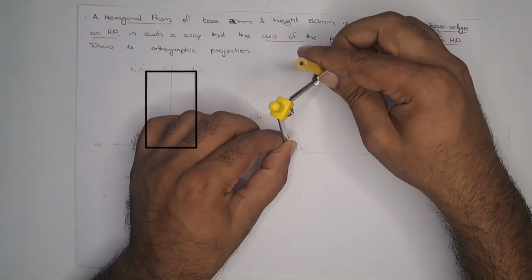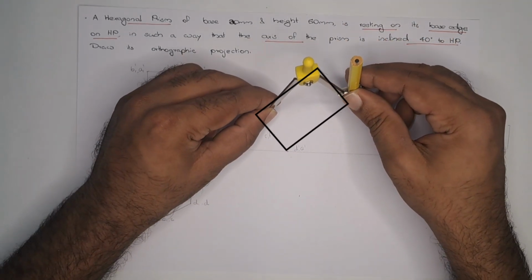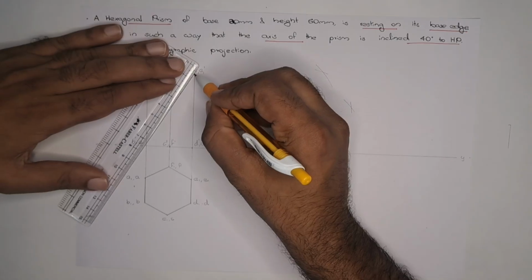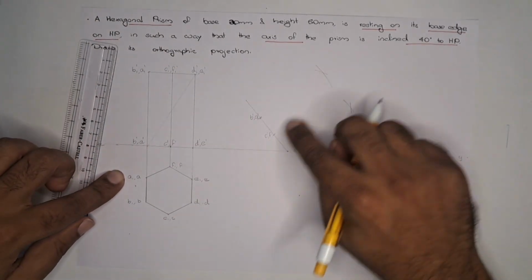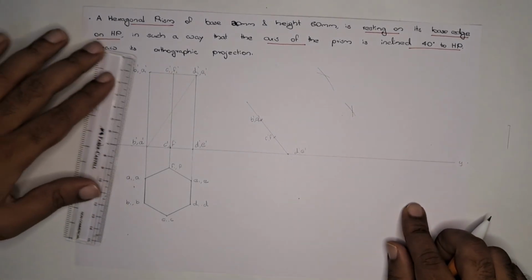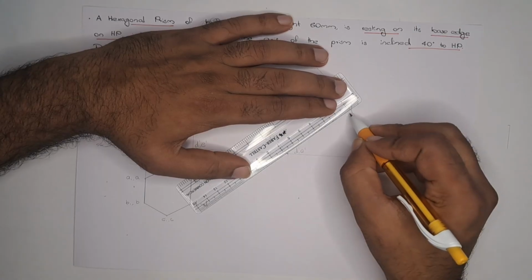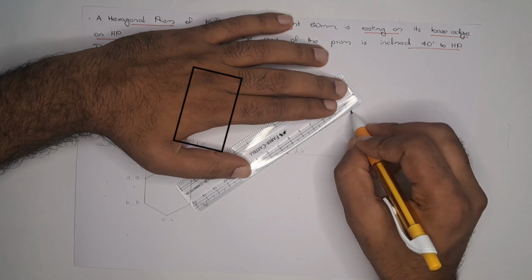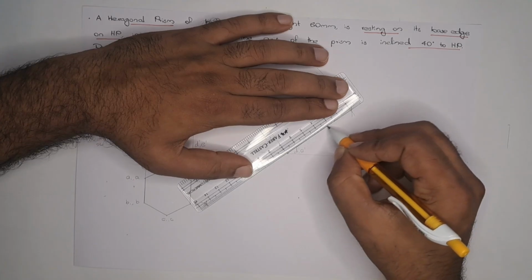So mark the DA over here from A to D1. So I take this distance over here using a thin line. Using these two lines, I mark here. Yes. So this is the 60 mm.